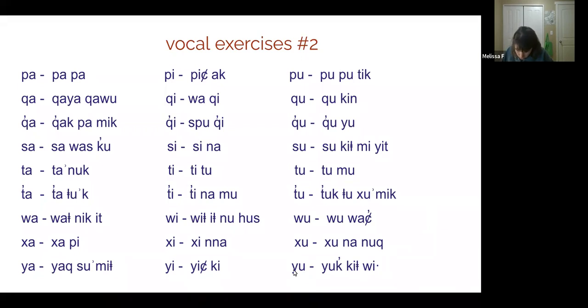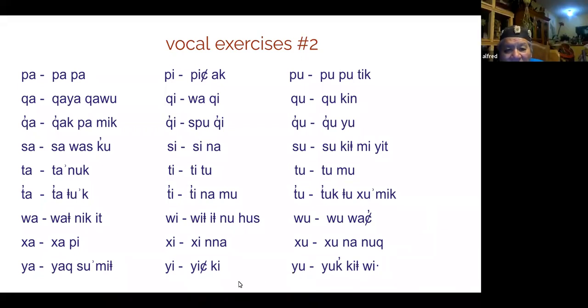You'll see ta, si, so, to, ti. So next week we'll have all these words put back together, so that they're a total word.